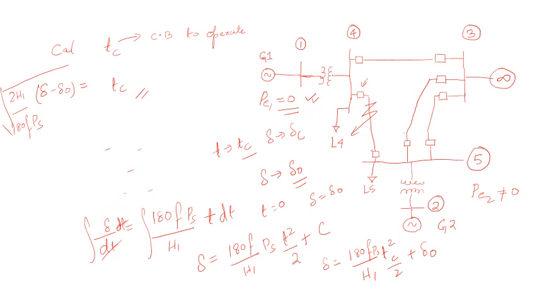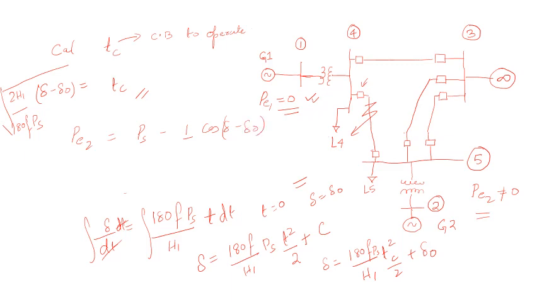Now, what if PE is not zero? How will you calculate then? You have seen that when PE2 was not equal to zero, you got some equation in the previous class: Ps minus some quantity with cos delta minus cos delta 0.